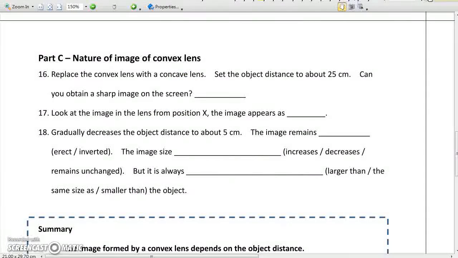And then you are asked to repeat the experiment using a concave lens. And of course there is no sharp image formed on the screen. For the rest, would you please do it yourself in the next lesson.